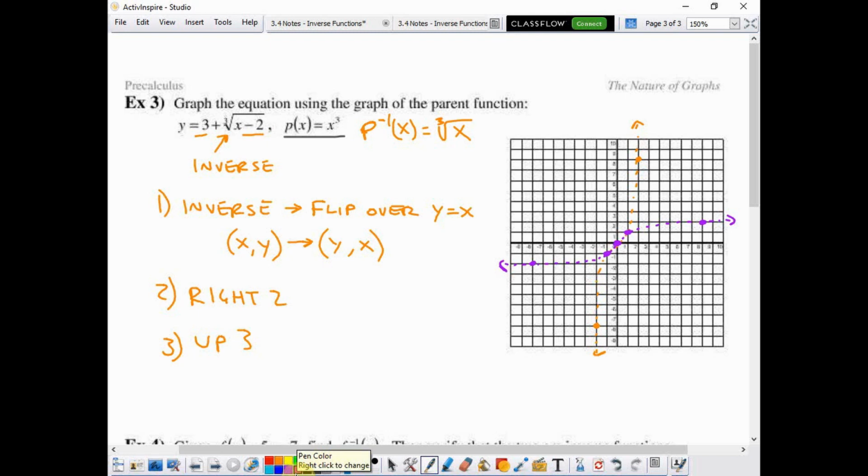So I can take each coordinate on this inverse and move it 2 to the right and 3 up. And that will be the final graph of this function.